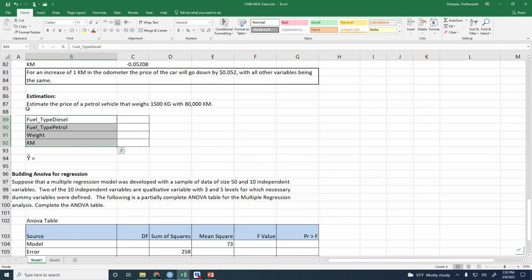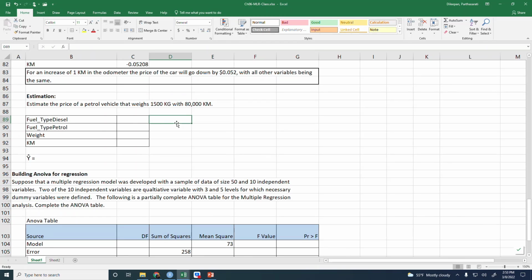So you have to estimate the price of a petrol vehicle. Okay, so that means what's the value for fuel type diesel? So it's a dummy variable. Fuel type diesel is a dummy variable. It has a value of 0 if it is not diesel. If it is diesel, it's a value of 1.